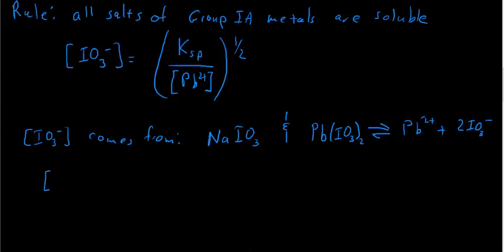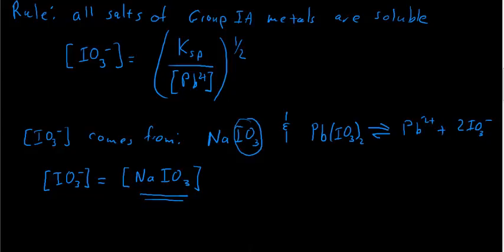So the total iodate concentration, IO3 minus, is going to be equal to the concentration that we get from the sodium iodate. And since 1 mole of sodium iodate gives us 1 mole of iodate, we can just think about the molarity of the sodium iodate as being added in here. So 1 mole of sodium iodate has 1 mole of iodate in it, and so that's where we're going to get that iodate.